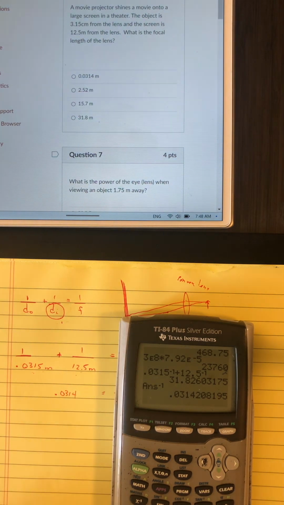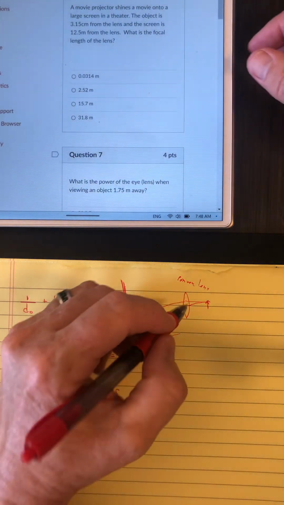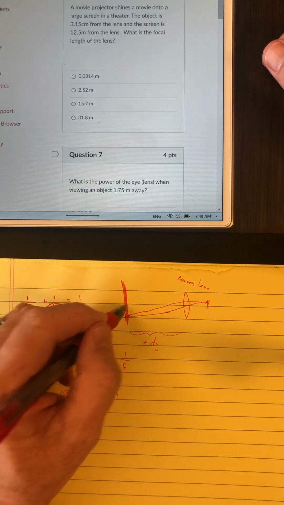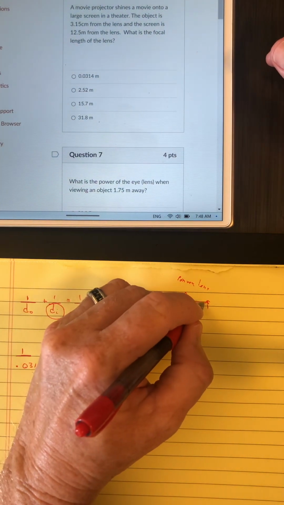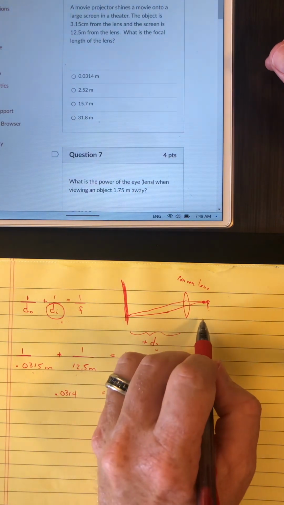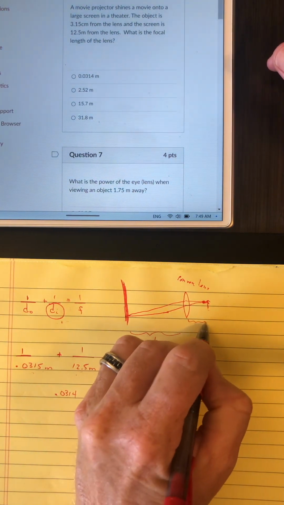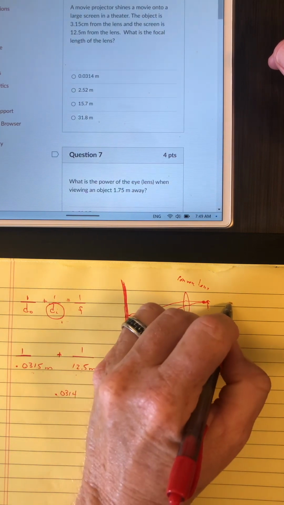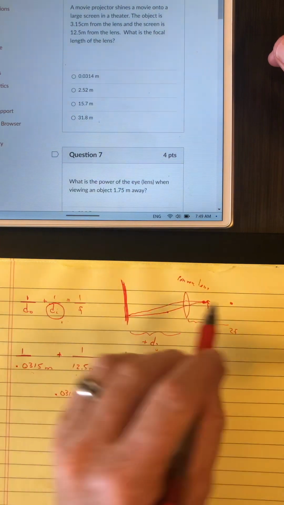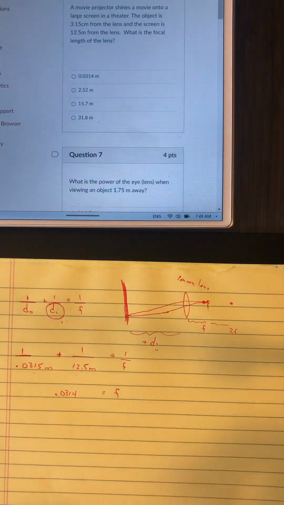That would be 0.0314. And hopefully that makes sense by fitting our intuition, because one of the things we said about making a real image on a screen and making it bigger is the object needs to be a hair more than the focal length. If it is more than 2 focal lengths, then the image it makes is smaller than the object.